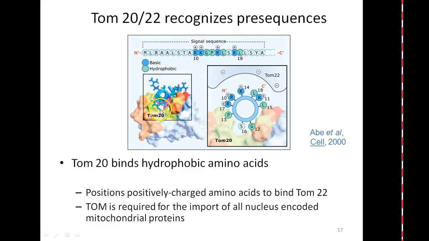Those hydrophobic amino acids are making direct interactions with TOM20, and then the helix is positioned in a way that those charged amino acids will interact with TOM22. TOM20 is the receptor portion of the TOM complex, and TOM22 is the channel portion of the TOM complex.